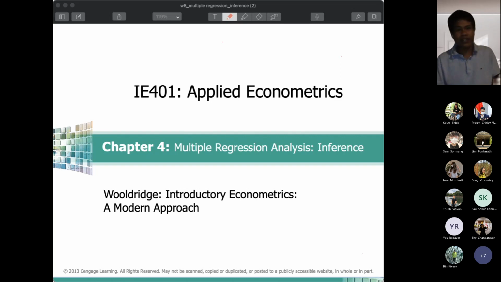Last week, you also learned that if you include an irrelevant variable, your estimate is still unbiased, but you will obtain a larger variance, right? So if you want to include more and more independent variables in order to relax the zero conditional mean assumption, another problem may emerge, that is multicollinearity.